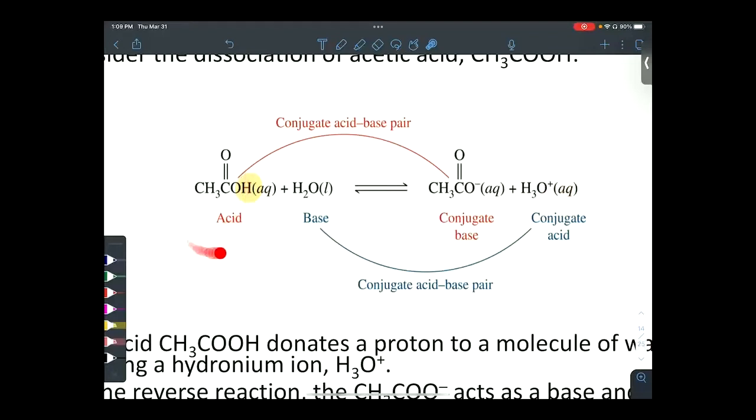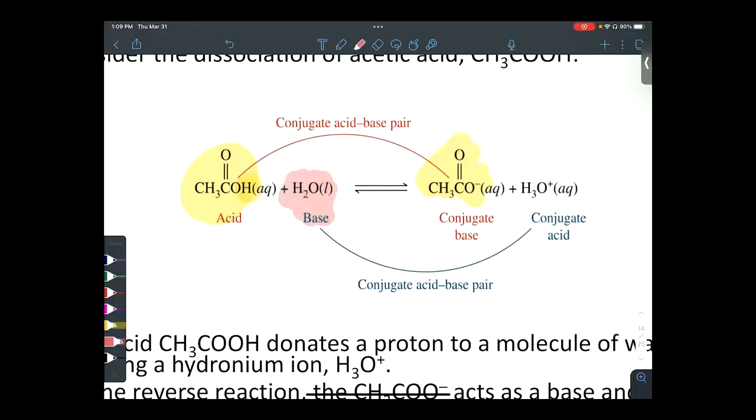So here's our acid, our acetic acid, and our conjugate base is just that acid without an H plus. That's essentially what it is. And we can actually do it in reverse for water as well. So H2O in this reaction is acting like a Bronsted-Lowry base, because it's accepting a proton. So instead of losing an H plus like our acid did, water is going to gain an H plus.